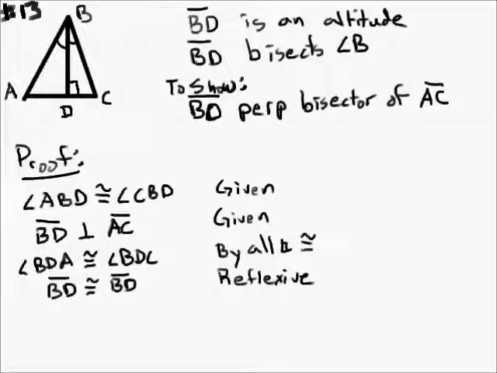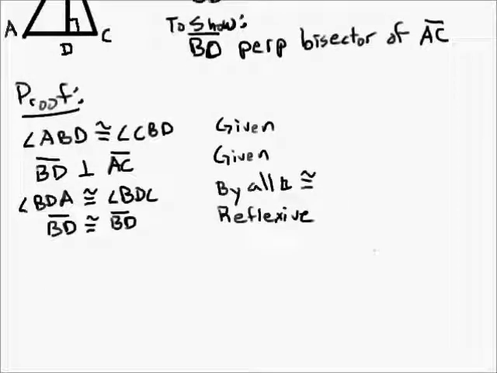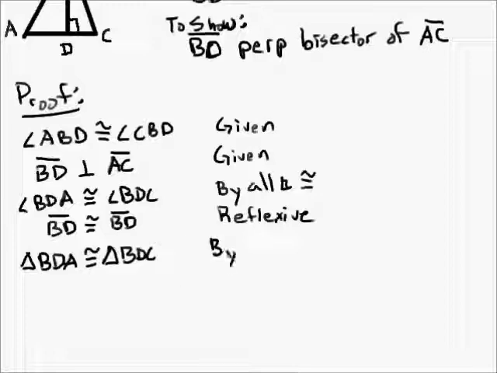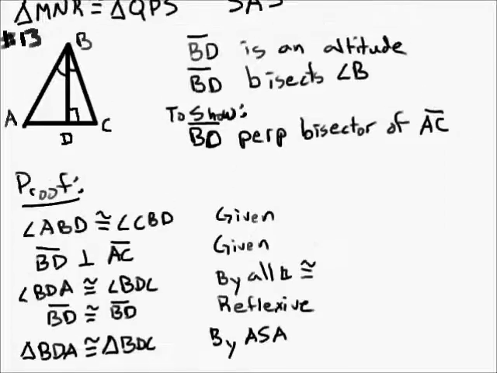Okay, so what? Big deal? Well, now we have three things congruent. That means that triangle BDA, go ahead and guess the theorem, is congruent to triangle BDC, have to have the parts in the correct order, by angle, side, angle. Take a look.